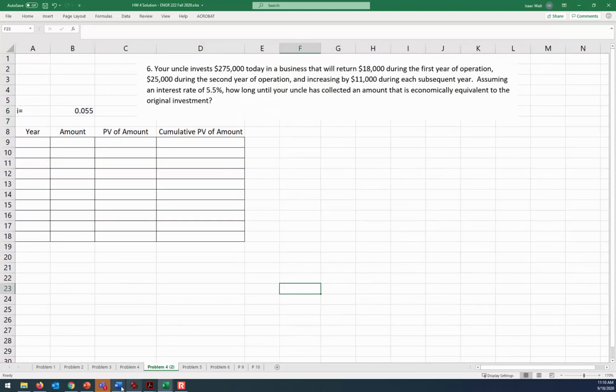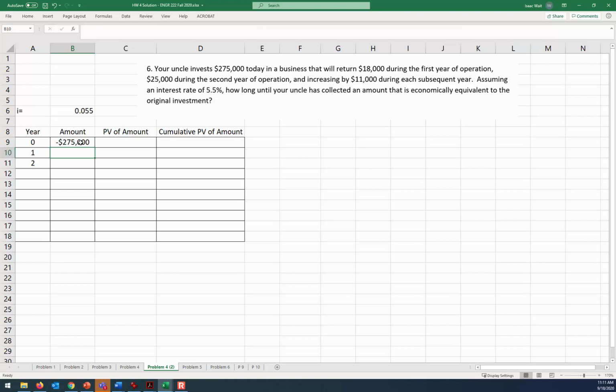All right. So the problem specifies that our interest rate is 5.5%. And so the years we're going to have 0, 1, 2, and so on. So at time 0, it is an investment of $275,000. So that's an outflow.